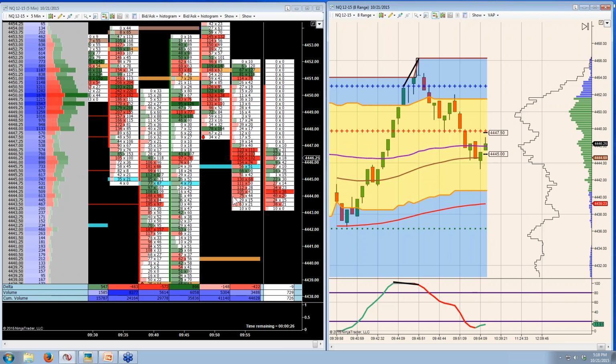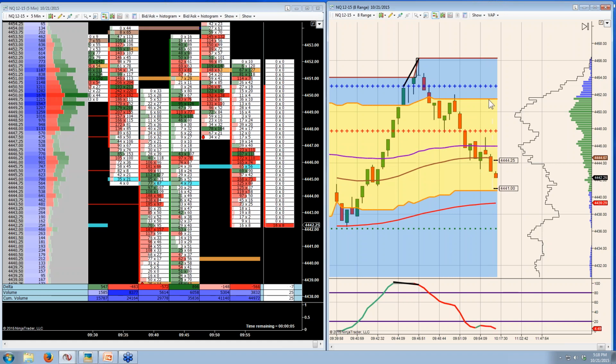All right, so let's see what happens here at the POC area. So we're just hanging here. Is it going to go lower? Realistically, this can find its way down to the edge of the fair value area again, or it can bounce and retrace back up to this area, and then this area, and then this area. So then we just have to see.